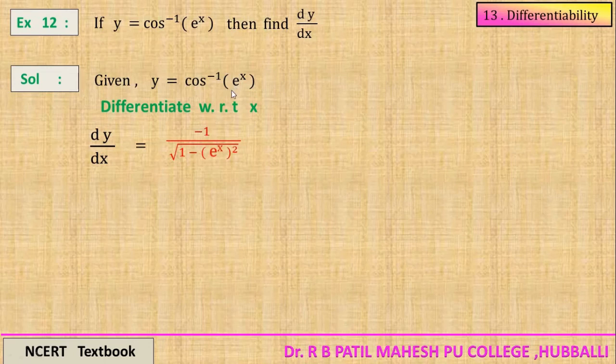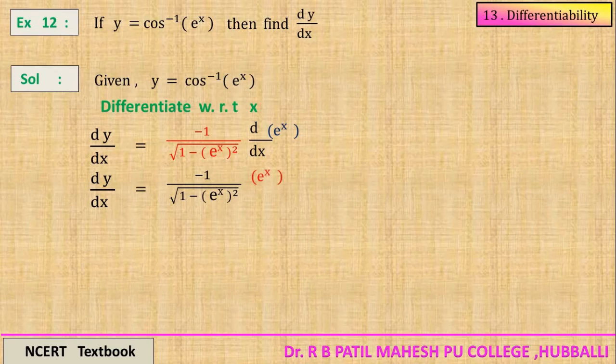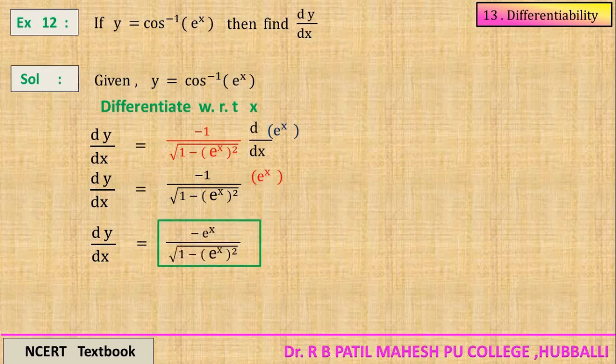Minus 1 divided by root of 1 minus square of the variable, that is e raised to x, into d by dx of variable, that is e raised to x. Minus 1 divided by root of 1 minus e raised to x whole square, d by dx of e raised to x is e raised to x. Rewriting this one, you will get minus e raised to x divided by root of 1 minus e raised to x whole square. So this is the solution.